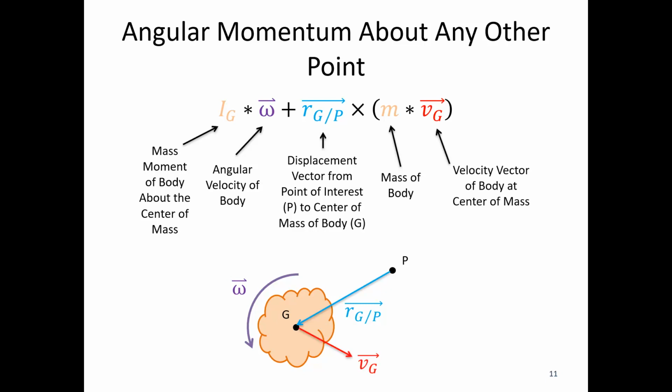So figure out what the velocity of this body is, v_G, and multiply that by mass first, which is a scalar multiplication, and then just do r cross momentum for the final piece. So there's a lot going on in this case. It makes it way more complicated than any of our other circumstances.